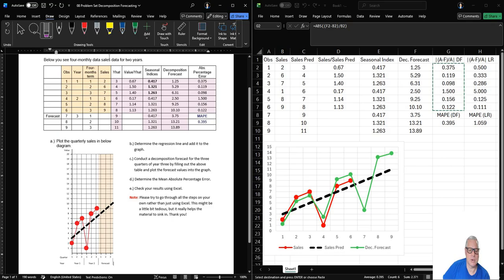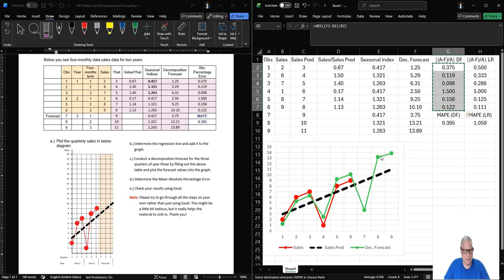And we did the decomposition forecast. We filled out the table. So yeah, that's it. Okay, so I hope that this explains decomposition forecasting, and that pretty much concludes the lecture on decomposition forecasting. So yeah, thanks a lot for watching.